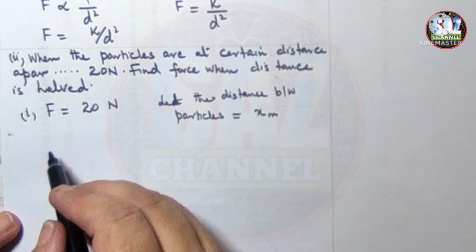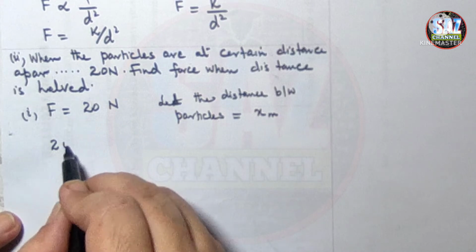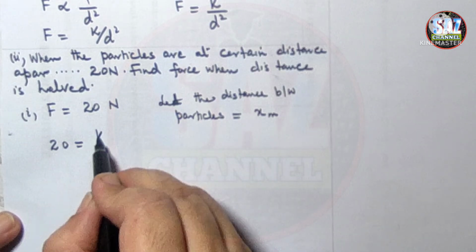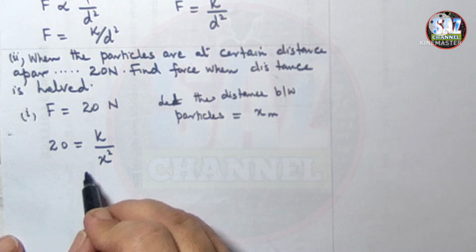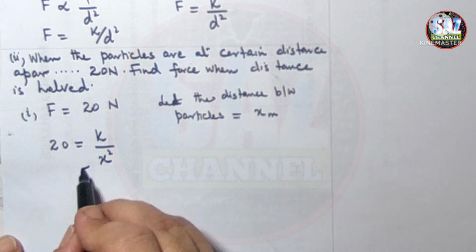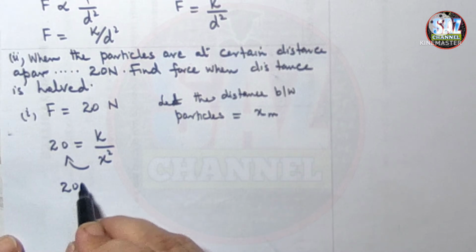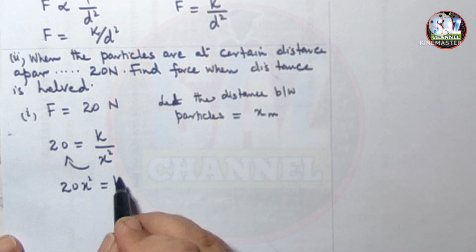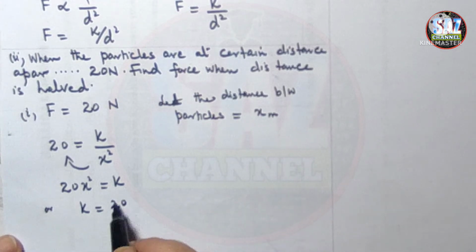So the relationship between F and d can take the form: force 20 equals k upon x square. Now k can take the value 20 x square, so k equals 20 x square.